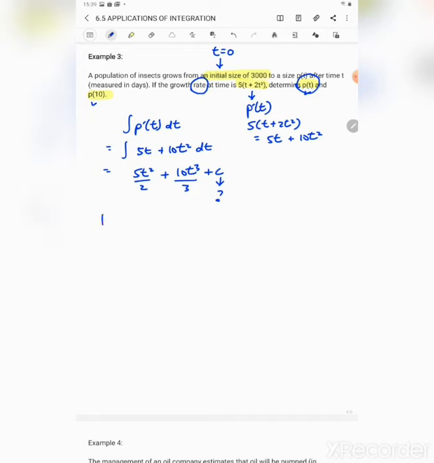So we use the information given: P(0) is equal to 3000. At time 0, the insect population is 3000 in size. So you just replace the value of t into the function that we already integrated just now.